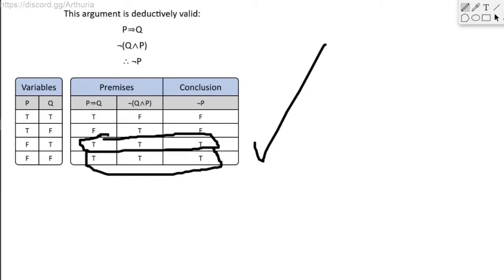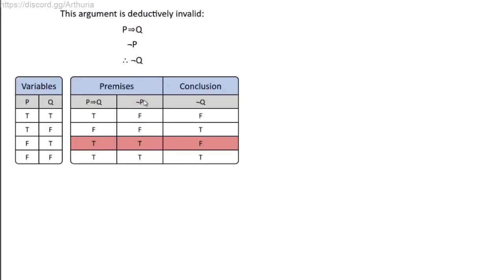Deductively invalid. So let's take an example of this argument here. This is saying, if P is true, then Q is true. P isn't true, therefore Q isn't true. Lee did a nice job with this bot because it highlights it for me.